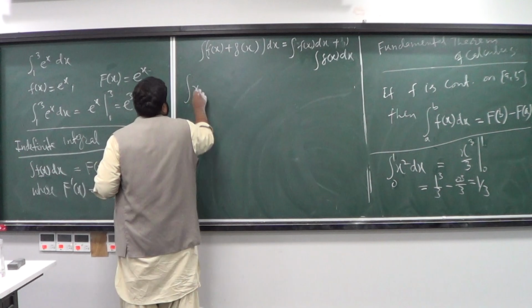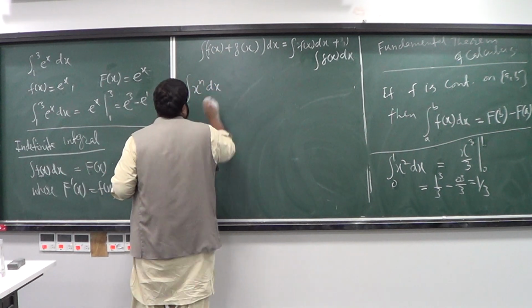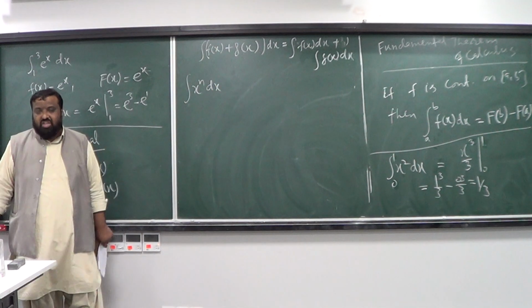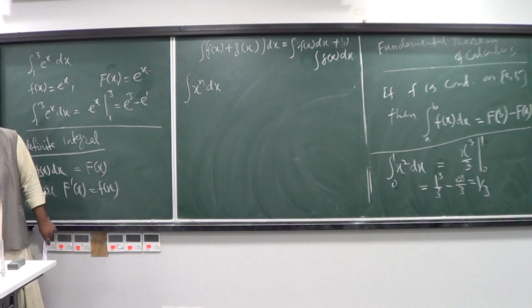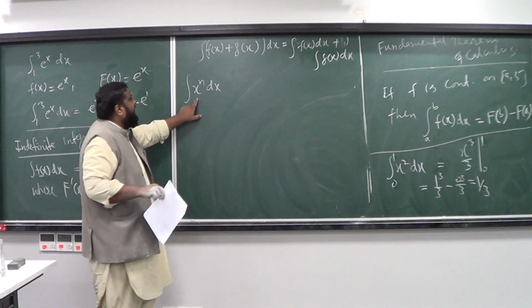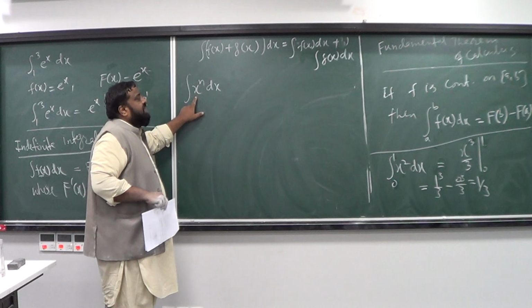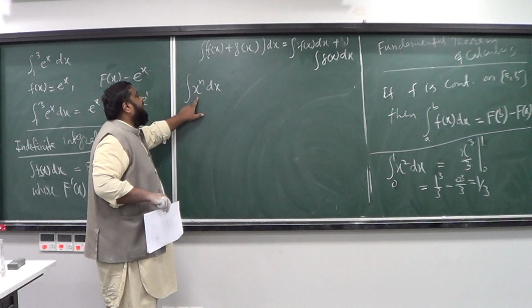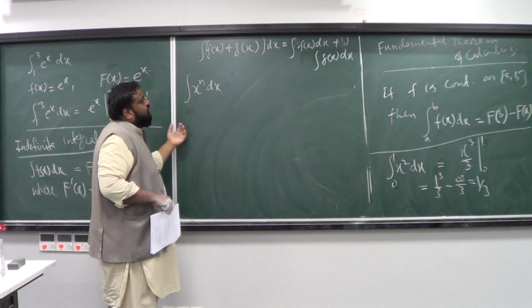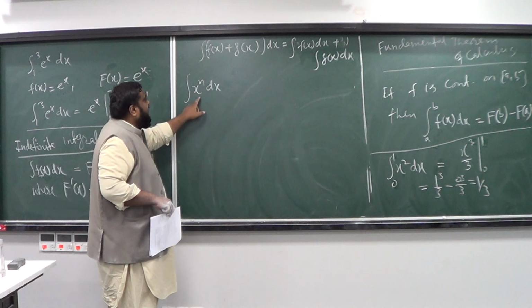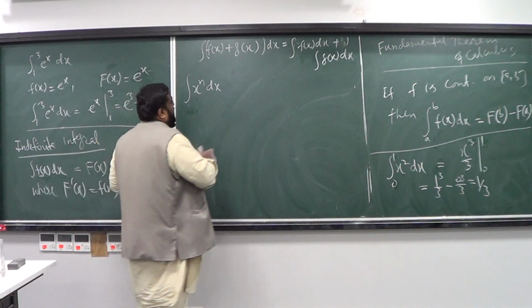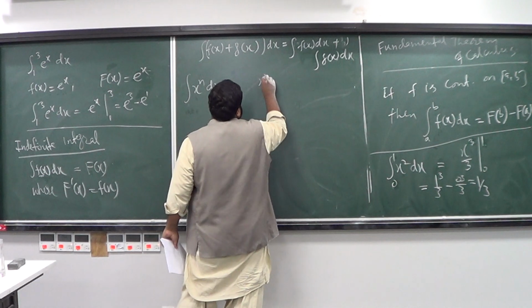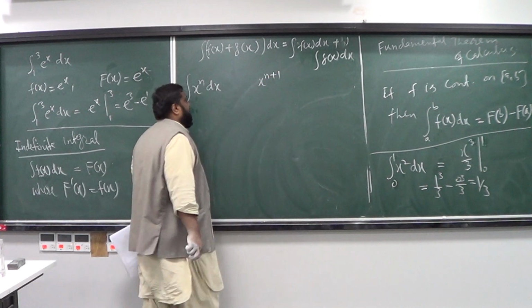Now, what is the antiderivative of x power n? Whenever I ask for the antiderivative or the integral of x power n, what I am actually asking is: what is the function which, if I differentiate, I get x power n? So it must be x power n plus 1.